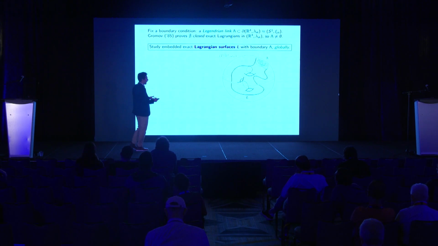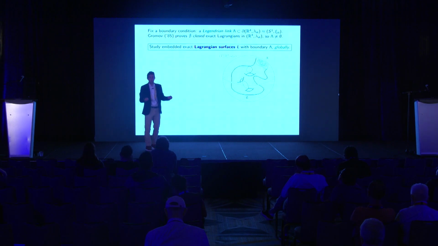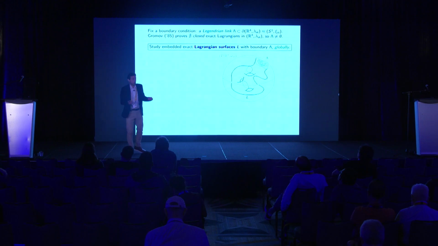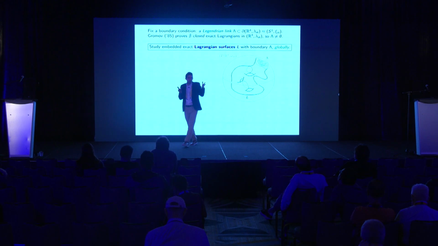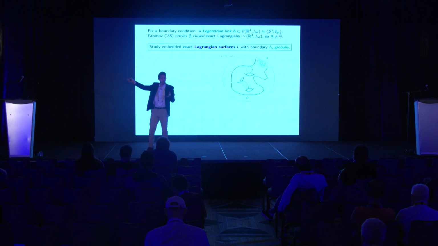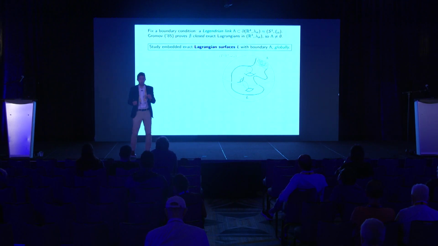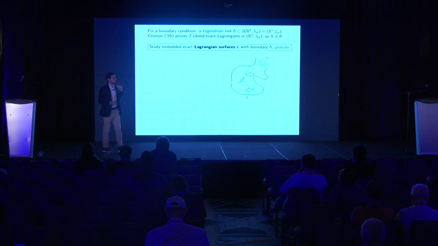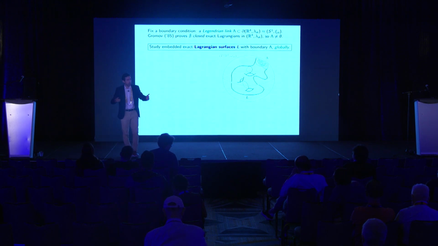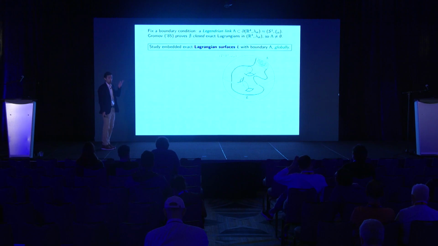Namely, two symplectic manifolds are going to look exactly the same locally. Two Lagrangians are going to look exactly the same locally. So it is not possible to take a point around this Lagrangian and come up with some incredible invariant that tells you, no, this Lagrangian is different from that one because locally they don't look the same. No, they're going to look exactly the same. So that makes the problem have a very global flavor. Again, in the spirit of knot theory, in the spirit of smooth surfaces in 4D, it's a very global kind of phenomenon. And there are no local invariants. So that's the first thing I wanted to emphasize.